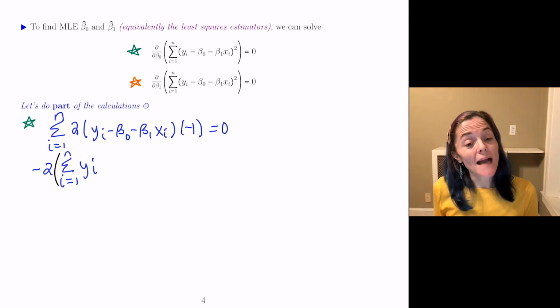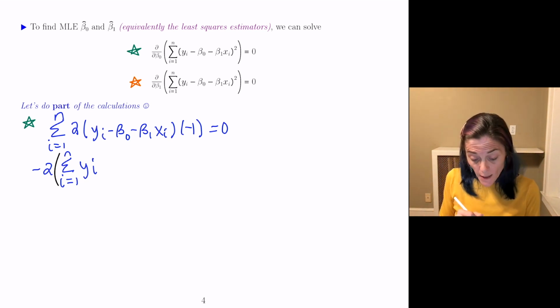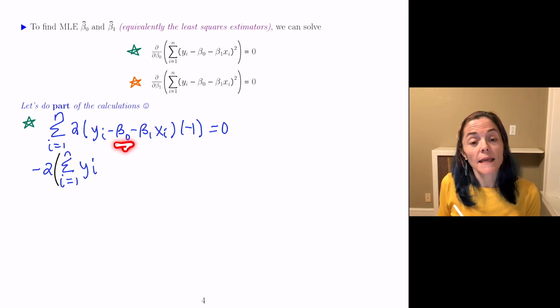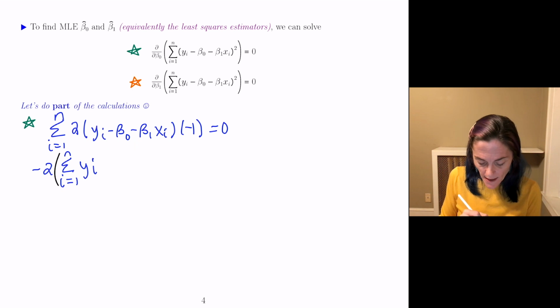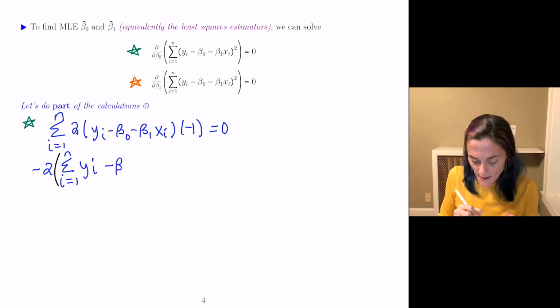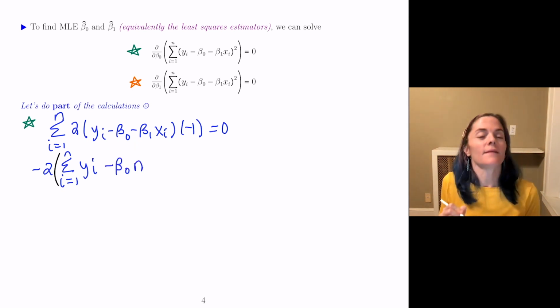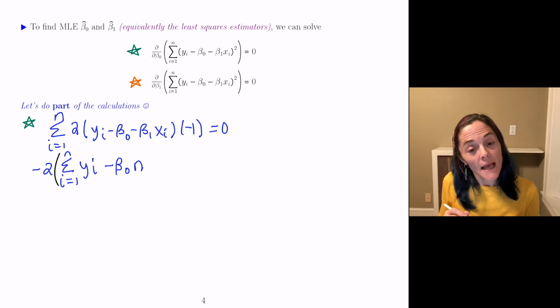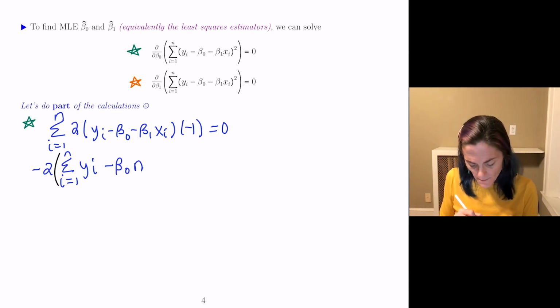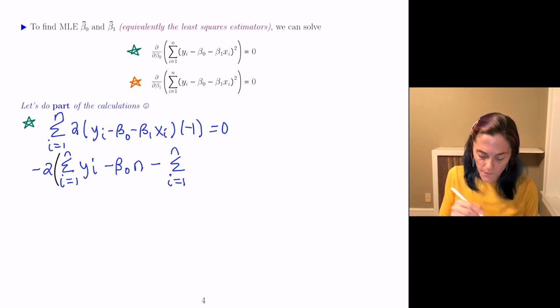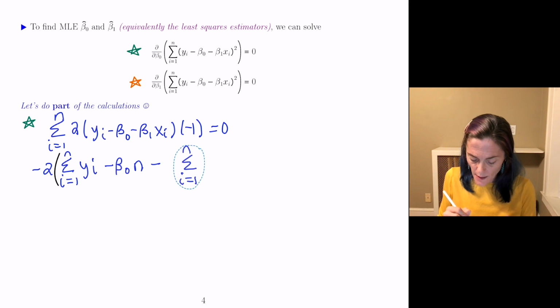Then we have subtracted off a sum, i equals 1 to n of negative beta 0. But there is no i in this sum. So I have minus beta 0 n. That would be that sum. And then I have minus the sum, i equals 1 to n of, let's see, I can factor out a beta 1.